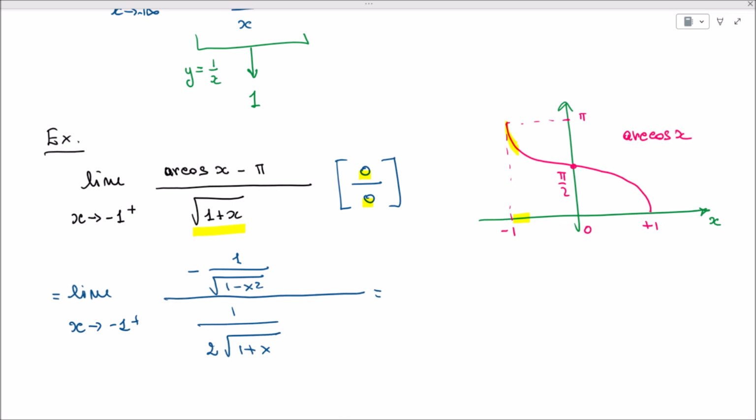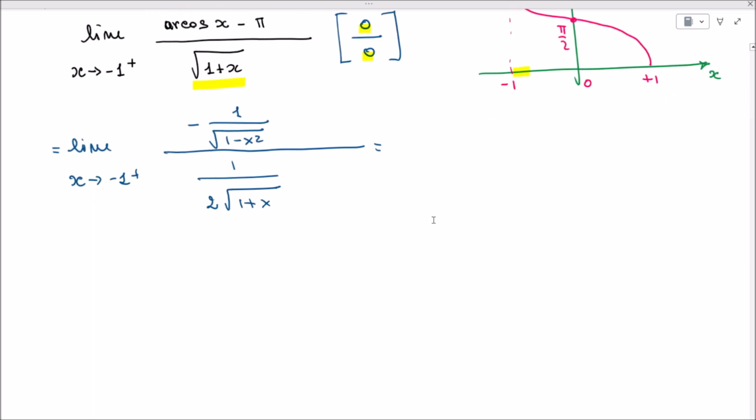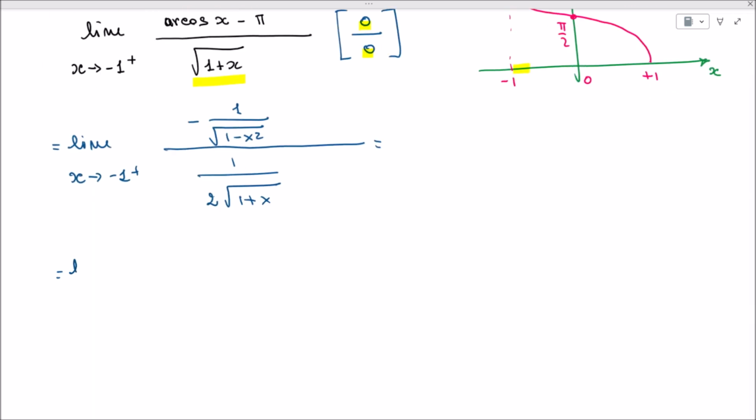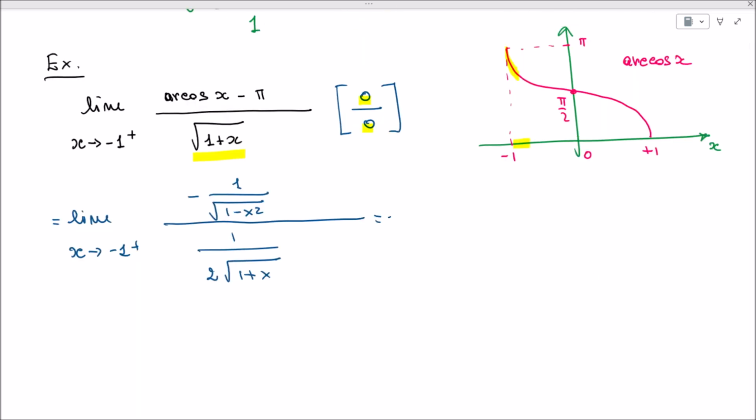And this can also be re-expressed as limit as x goes to -1 plus, and these two go at the numerator.